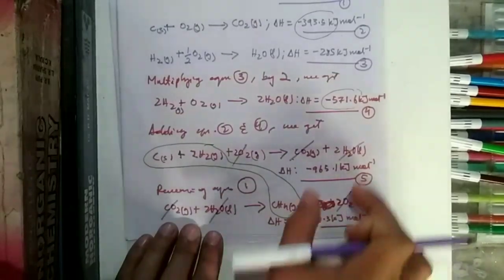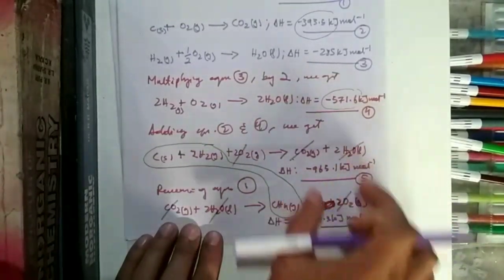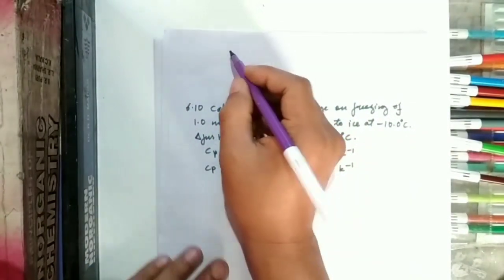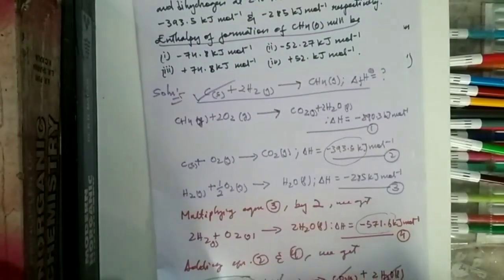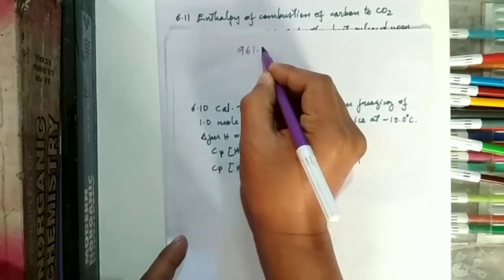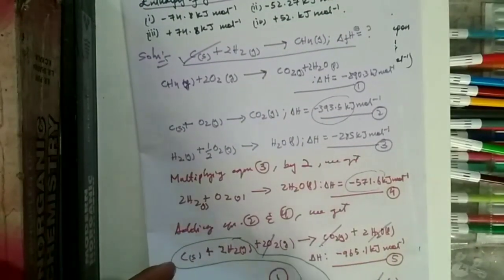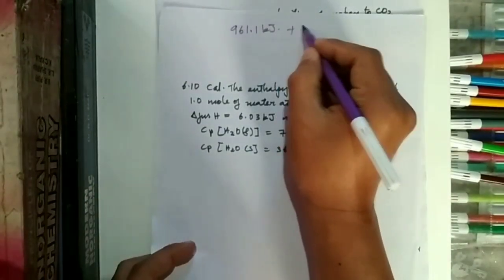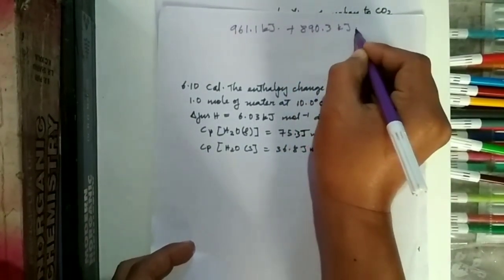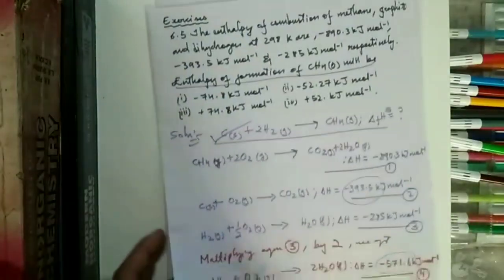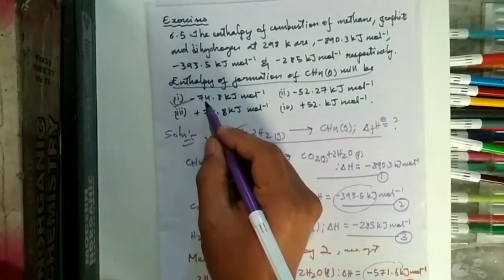So we add this enthalpy also. After adding these two enthalpies, 961.1 kilojoule and 890.3, our answer will be minus 74.81 kilojoule.